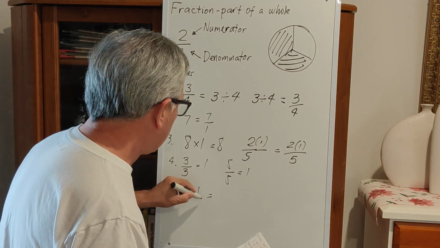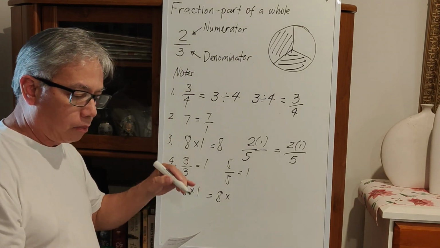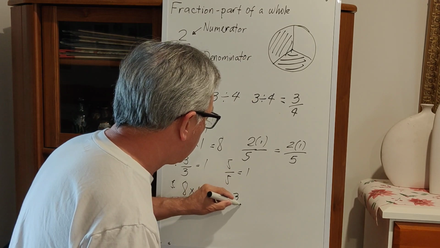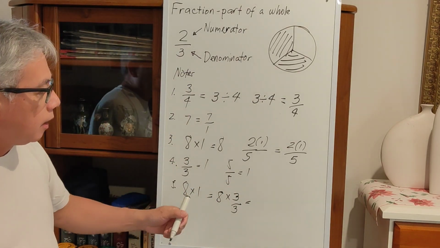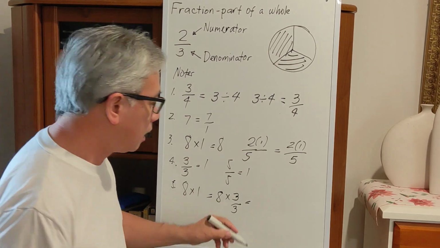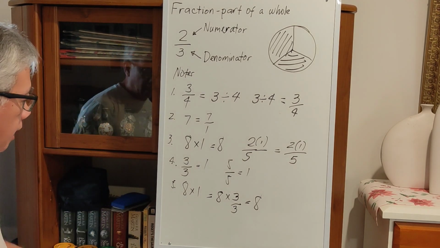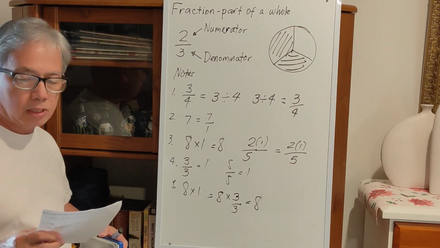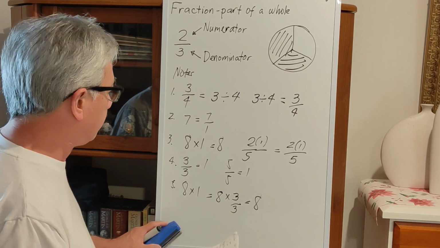So 8 times, instead of 1 we can put 3/3, 3 divided by 3, and then it would still be the same. The value will still be 8. So that's for the notes that we'll be using for the fraction.